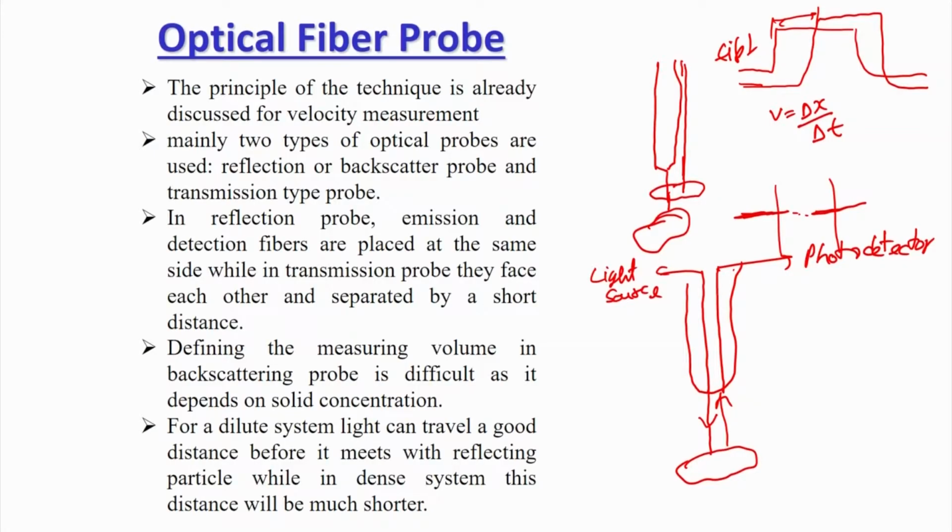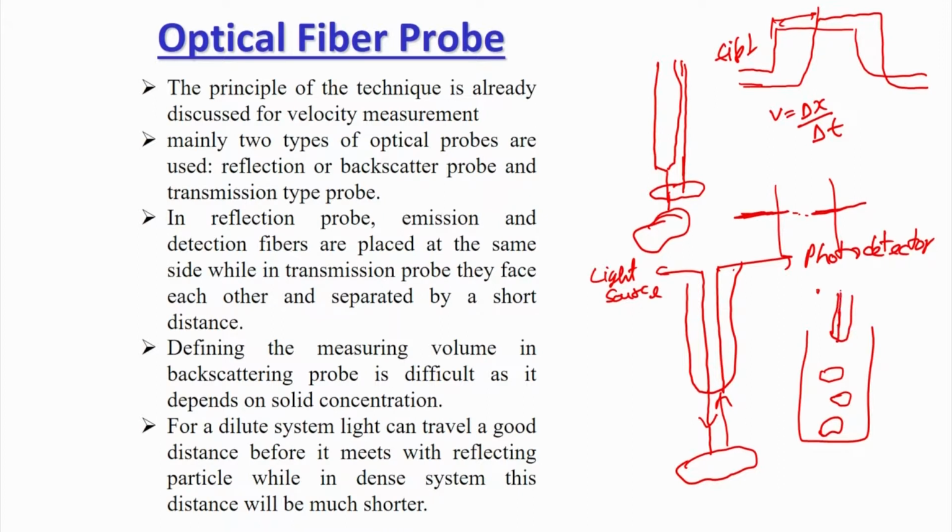Now, the only problem in this case is that your measurement volume is not fixed. If you see here, the light is emitted here, and when it sees some discrete phase or any medium phase, each phase has its own refractive index. If the discrete phase fraction is very small, light can travel a very long distance. Suppose I am inserting this in a bubble column with only one bubble moving in this way, and I insert the optical fiber probe somewhere here.